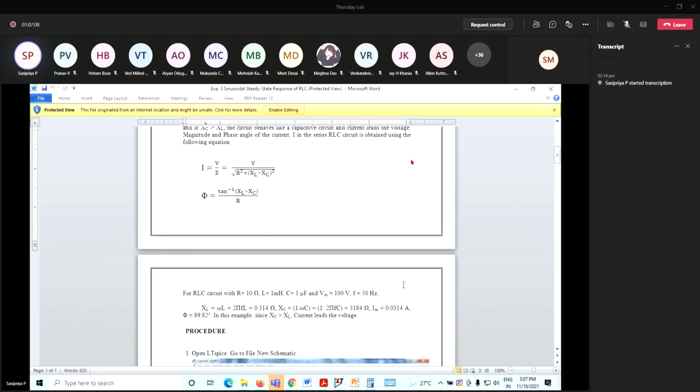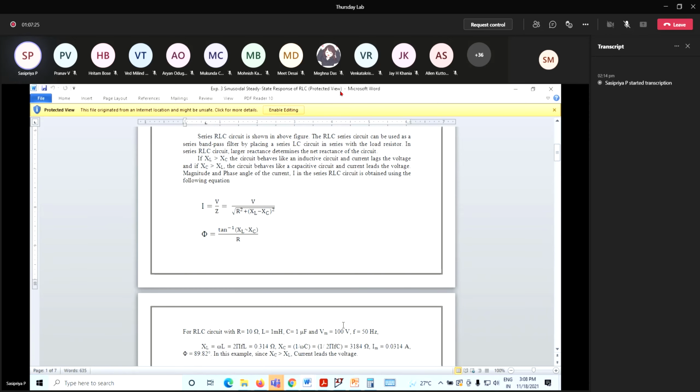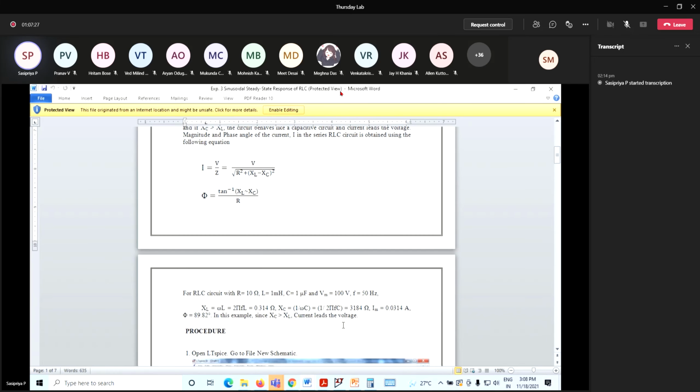So for the RLC series circuit, you have to do the same thing. You have to find out the total current and phase difference between the applied voltage and current. Series RLC circuit excited by the sinusoidal source with the supply voltage of 100 volt, 50 hertz. Then R value is 10 ohms. Inductor value is 1 millihenry.